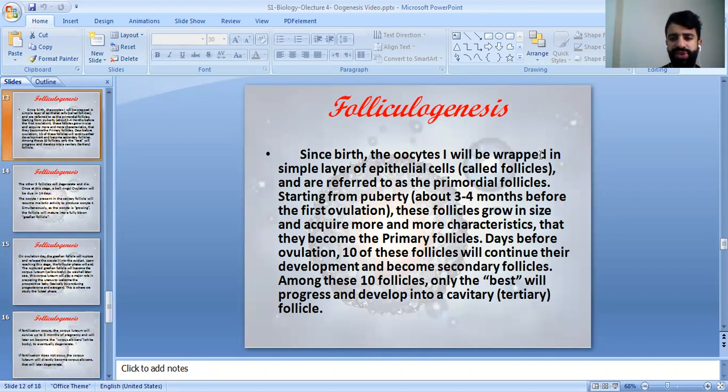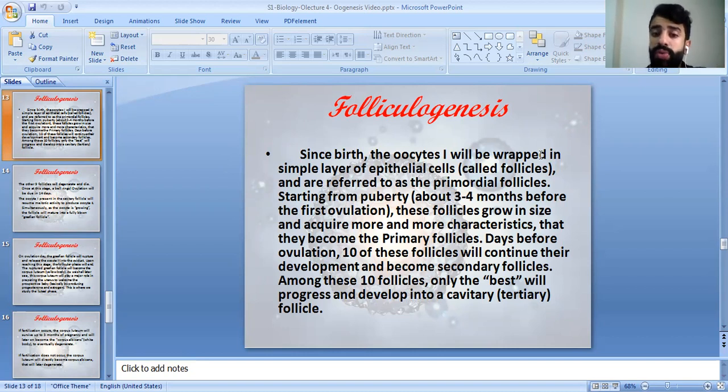Let's talk about follicular genesis in detail. Follicular genesis, as we said, is the development of the follicles from primordial to primary to secondary to cavitary, to the tertiary and to the Graafian follicle, which is the ruptured one and will give oocyte 2 to be released out of the follicles during day 14 of the menstrual cycle.